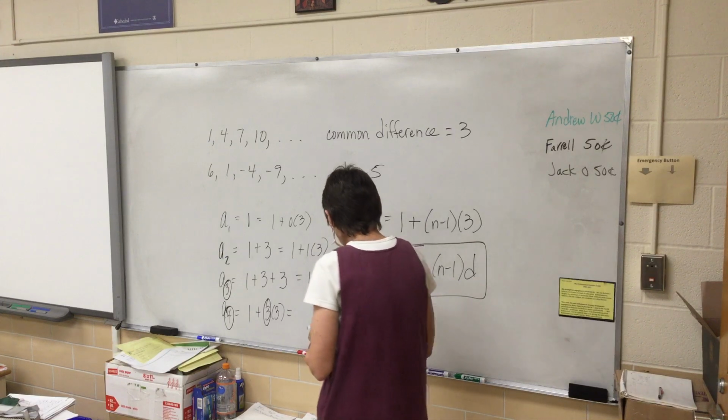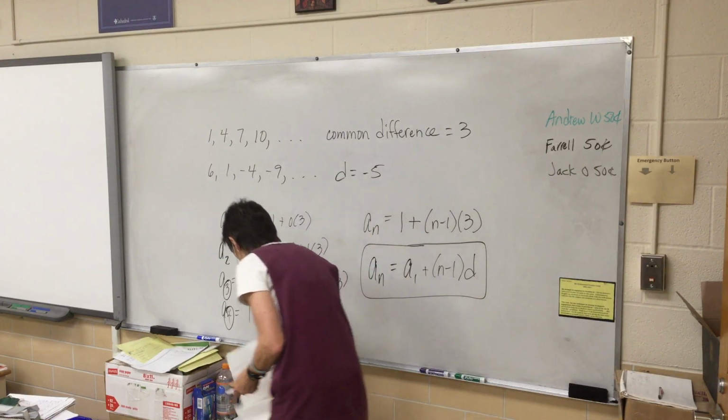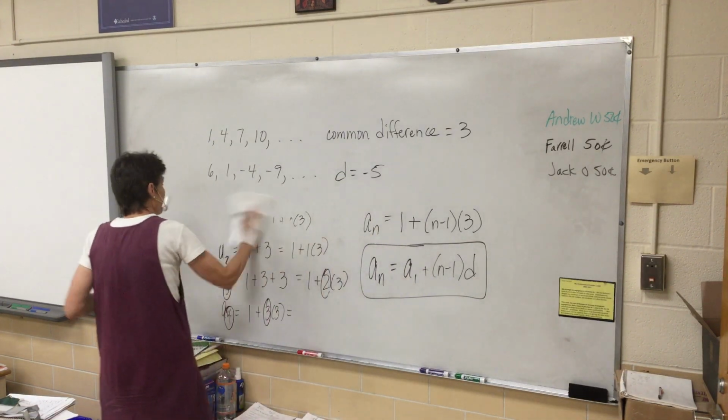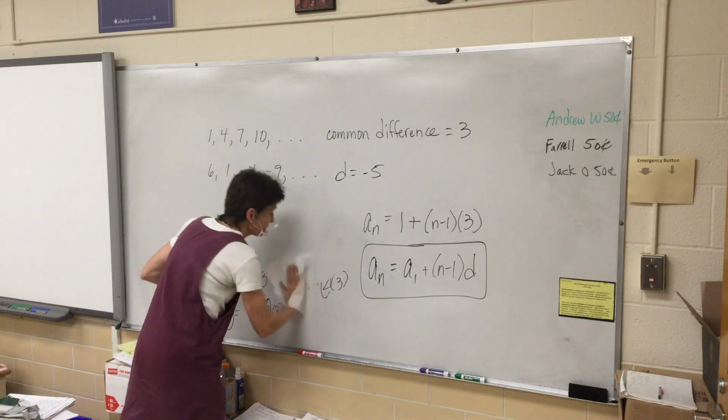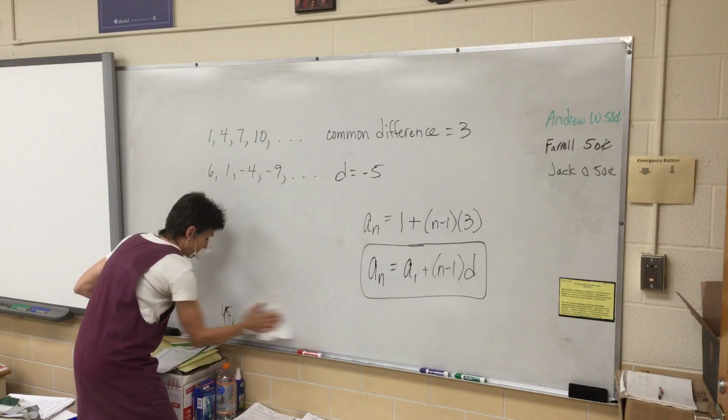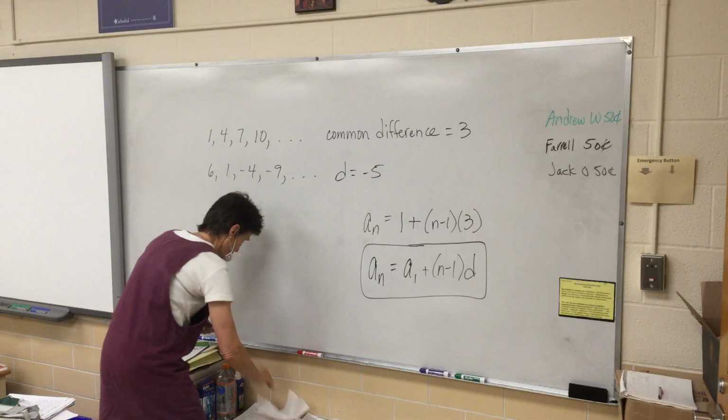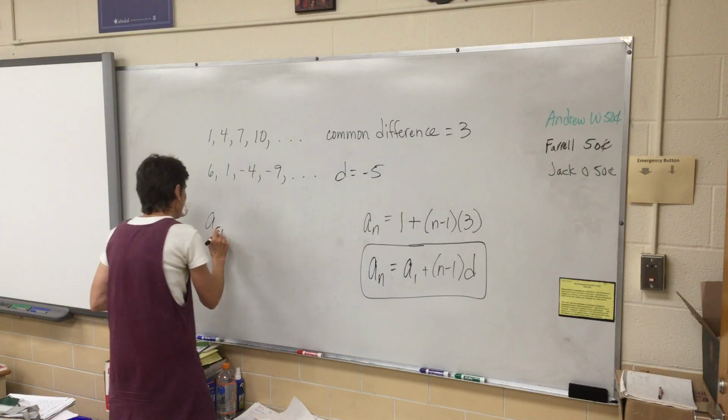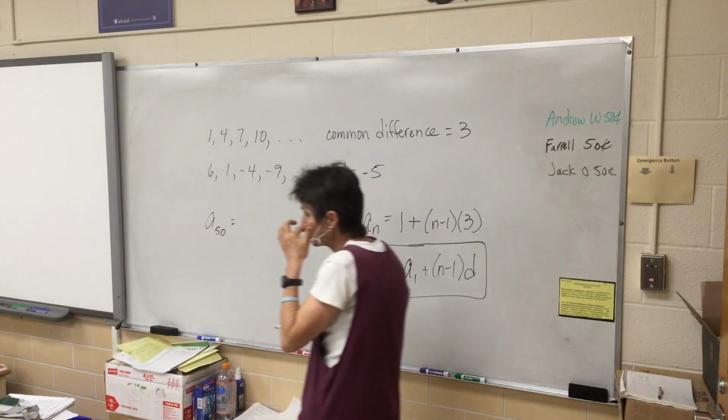So let's look at my second example. Suppose we wanted to find the 50th term of the sequence. The 50th term. So A sub 50. That's what that means, the 50th term.